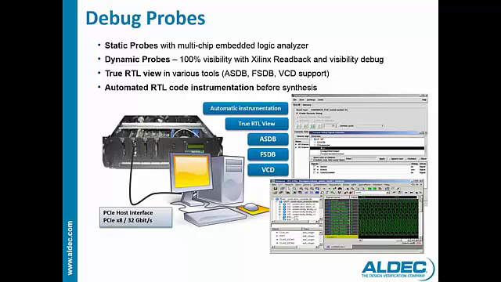This is achieved with automatic RTL code instrumentation before synthesis, which ensures that during synthesis we don't prune or remove signals, allowing support for the dynamic probes and the RTL correlation. The image here shows our emulator connected to a host via PCI, which is used to acquire the data.